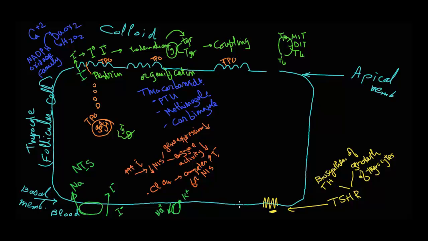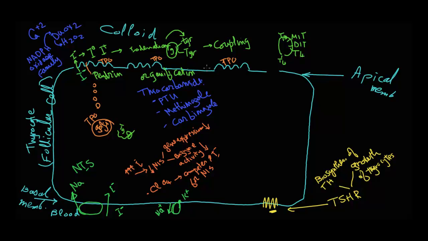So there are some drugs which act at the basal membrane to competitively inhibit the activity of the sodium iodide symporter and to reduce its gene expression, like perchlorate, for example, and in turn the entry of iodide into the cell is blocked, and in turn the synthesis of thyroid hormone is compromised.